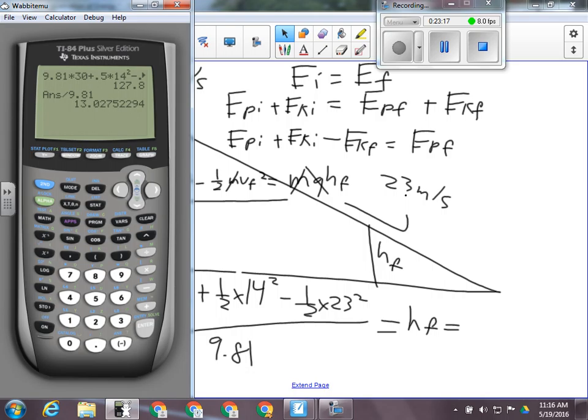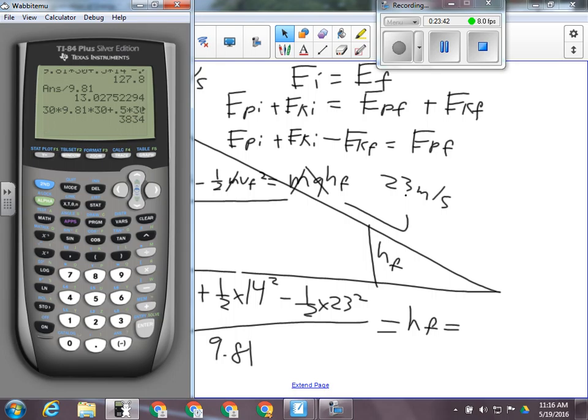So I'm going to say the mass was 30 kilograms. So that's the height and that's the mass, plus 0.5 times 30 times 14 squared, minus 0.5 times 30 times 23 squared.